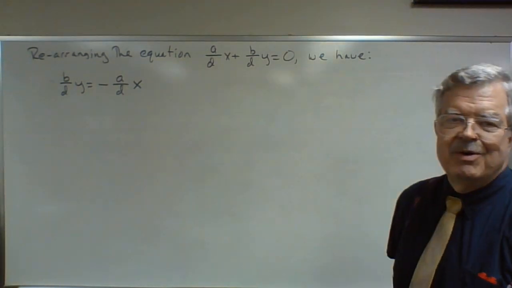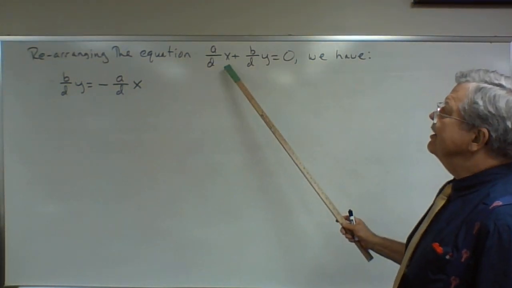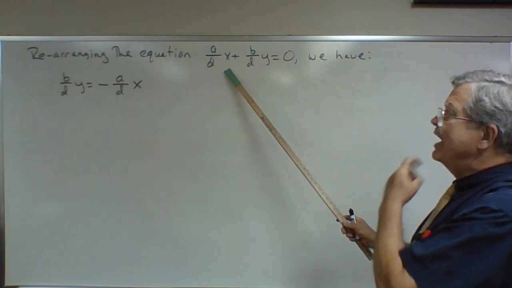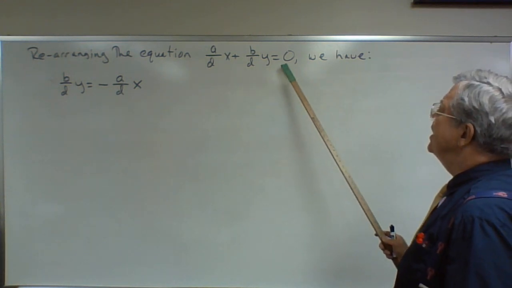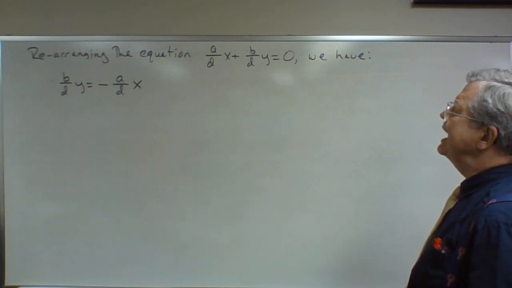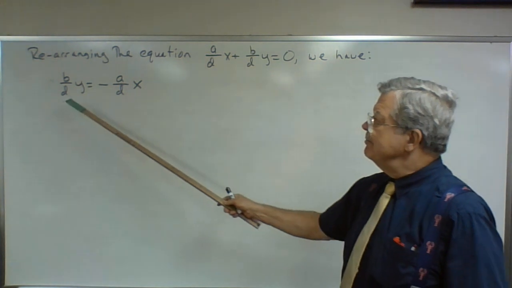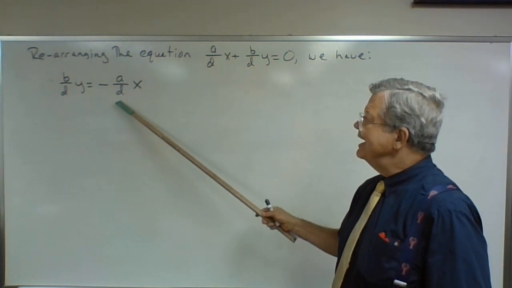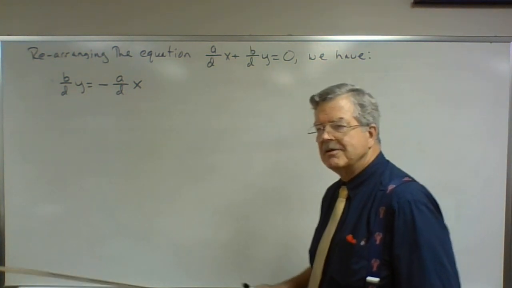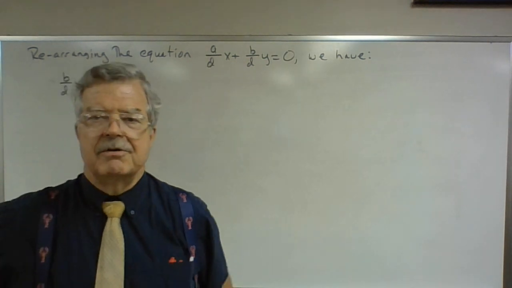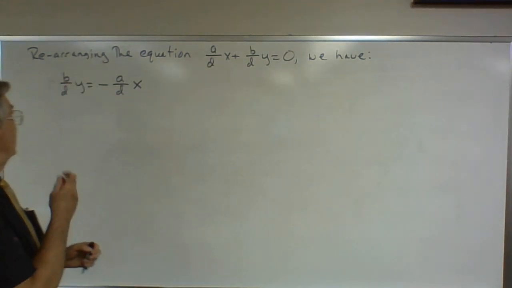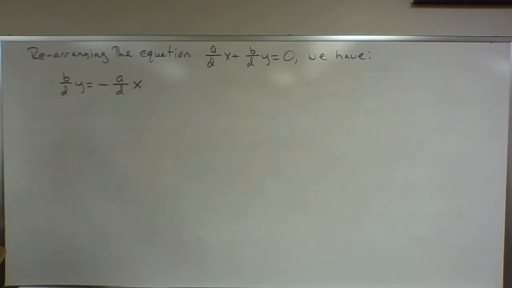Okay, let's go into the home stretch. Here's our equation. a over d x plus b over d y equals 0. We arrange that. Just move this term over to the right. b over d y equals negative a over d x. Nothing earth-shattering about that. But remember, b over d is an integer, and a over d is an integer.